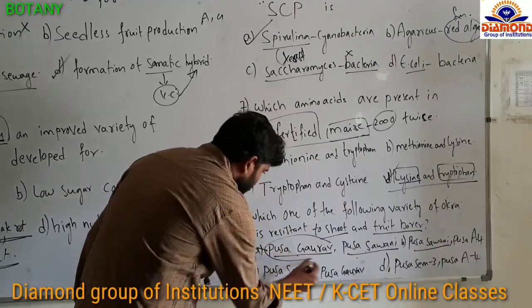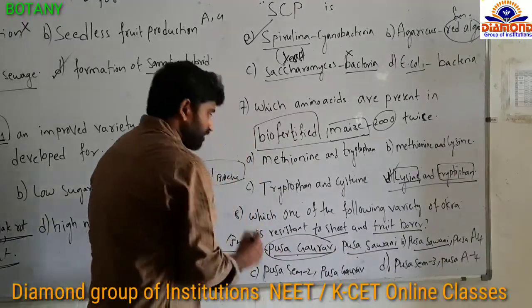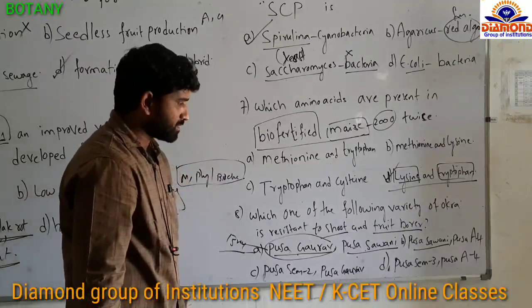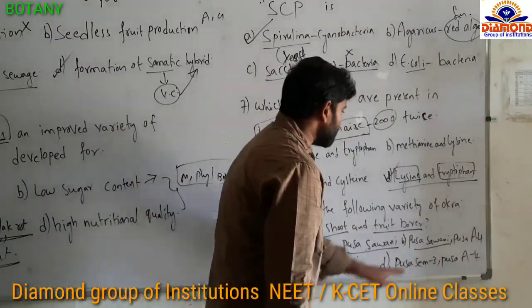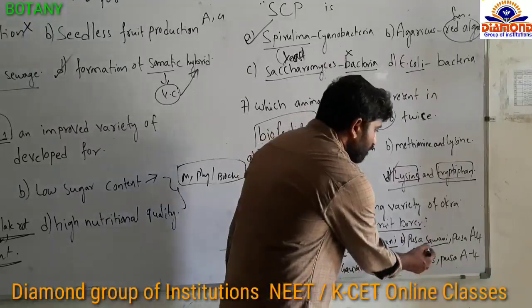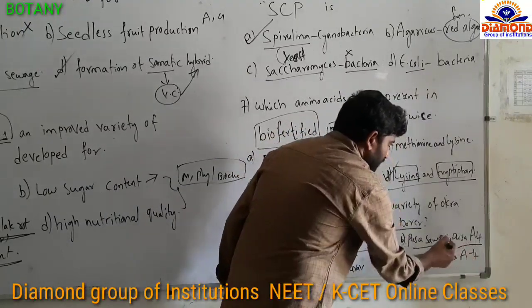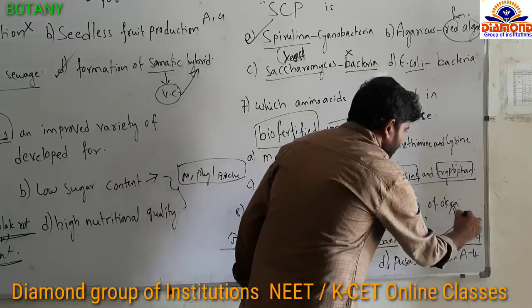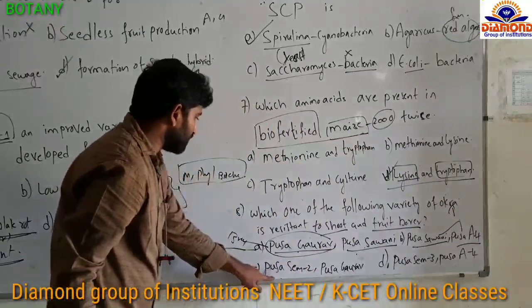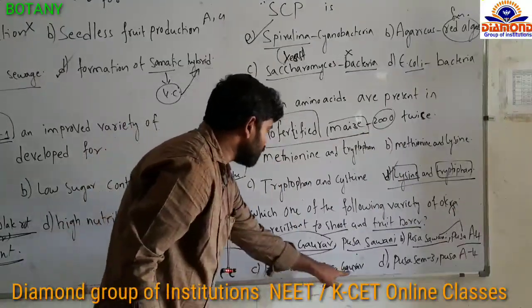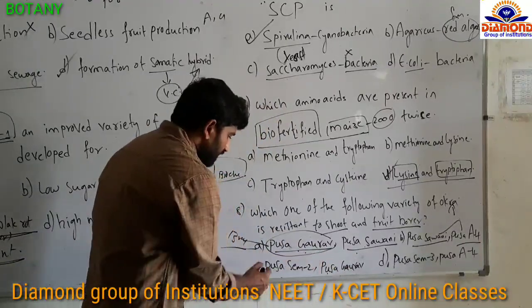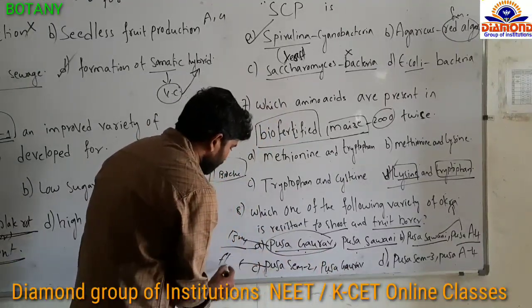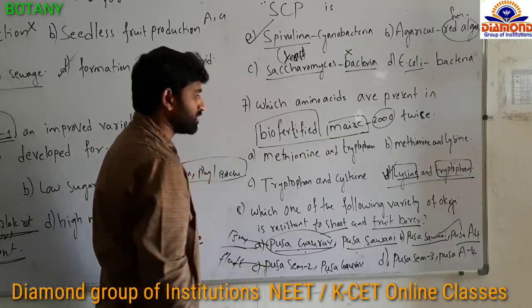Pusa Doro belongs to brassica, its resistance is to aphids. Pusa Savani belongs to okra, and option B they given as Pusa Savani and Pusa A4. These both belong to the okra variety only, and option C they given as Pusa Sentu and Pusa Doro. So Pusa Doro belongs to the brassica variety, and Pusa Sentu belongs to the flat bean. It does not belong to okra.